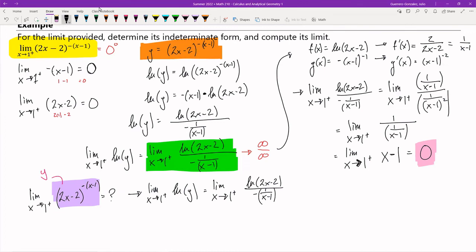The limit of that, because of all the stuff that's on the right-hand side of the screen, is equivalent to the limit as x approaches 1 from the positive of x minus 1, and this is equal to 0. Okay, so from this entire line here, we have justified that the limit as x approaches 1 from the positive of the ln of y has got to be equal to 0.